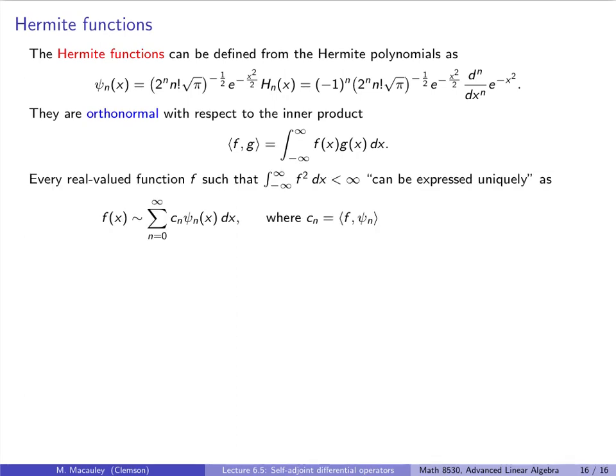Every real valued function f that is square integrable on the real line can be expressed uniquely, again in quotes because I'm using this convergence notation, as a linear combination of these Hermite functions, where Cn is the inner product of f with psi n using this inner product, which is just the integral of f times psi n of x dx.